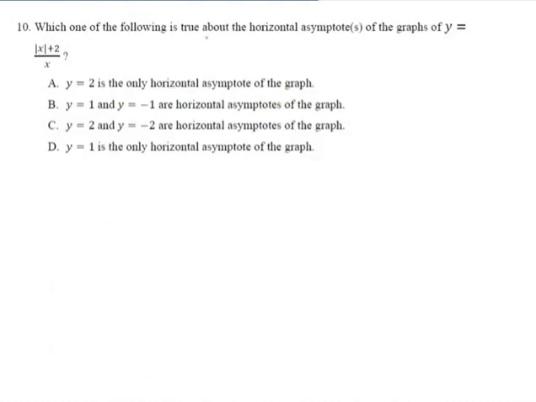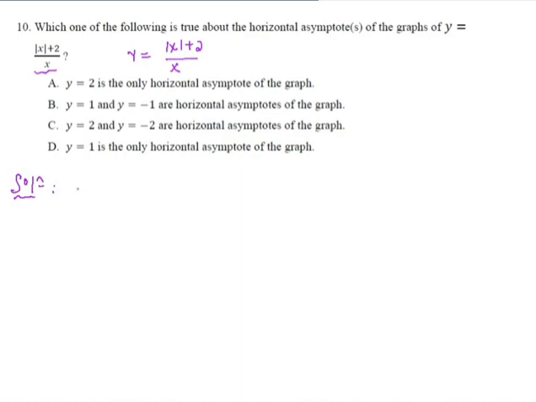Which one of the following is true about the horizontal asymptote of the graph of y equals absolute value of x plus 2 over x? So we are asked about the true statement about the horizontal asymptotes of the given function.